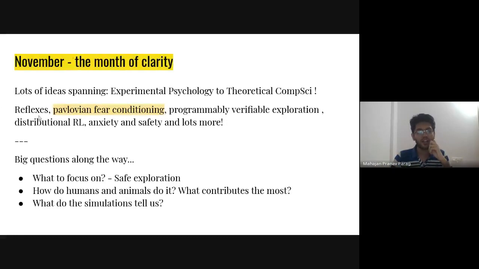Then there are various ways humans would implement that. There are reflex actions. Then there's a thing called Pavlovian fear conditioning, which is basically conditioning you to learn about the value of pain that you are going to get, and then influence your actions with that. I'll discuss this more later.